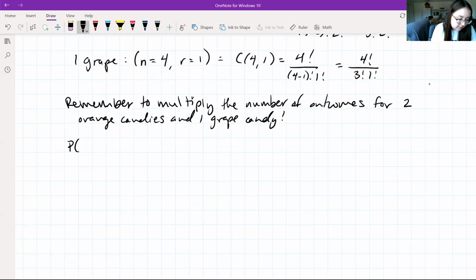This is going to give us the probability of picking 2 orange and 1 grape candy.